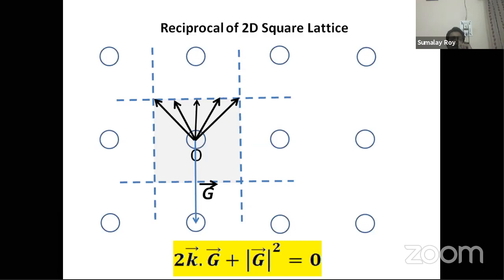Because for all of them, the component along the G axis will be minus half G. So for all of them, this condition is satisfied.